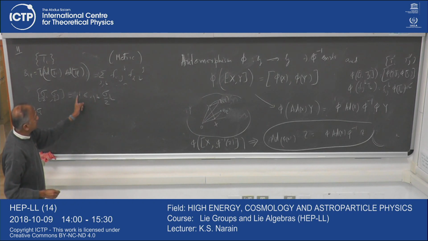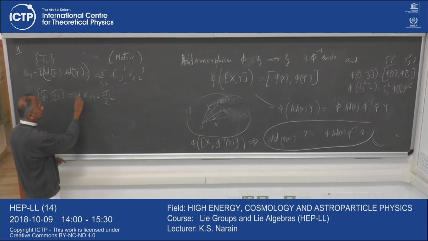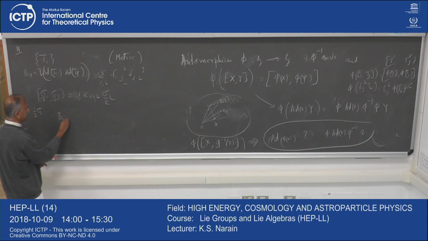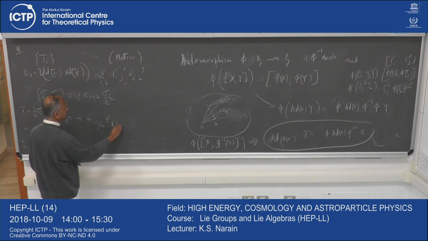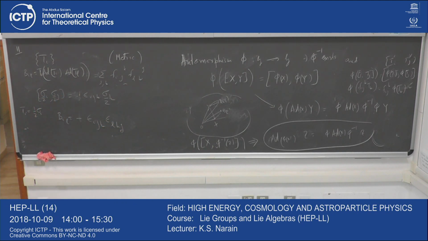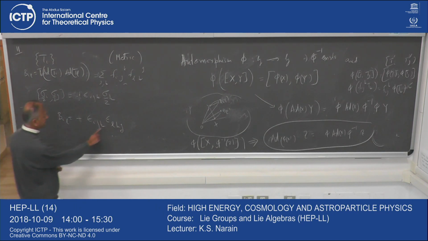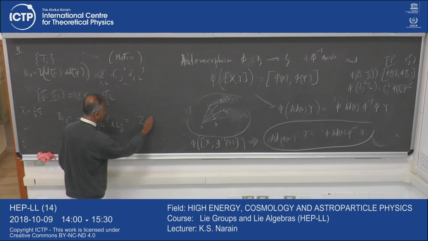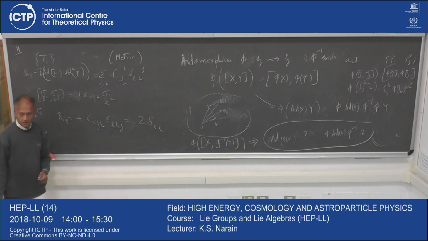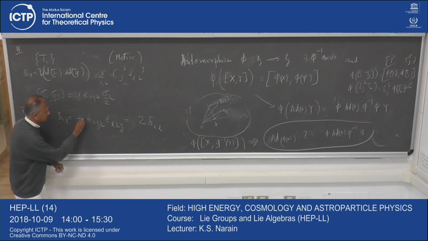Then f_ijk is just i epsilon ijk. So I see that B_il is i squared, so it's a minus, times epsilon ijk epsilon lkj, summed over j and k. Summed over j and k, this gives you 2 delta_il. You sum over j and k.